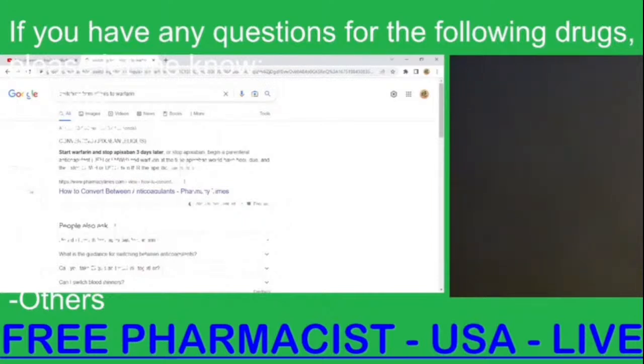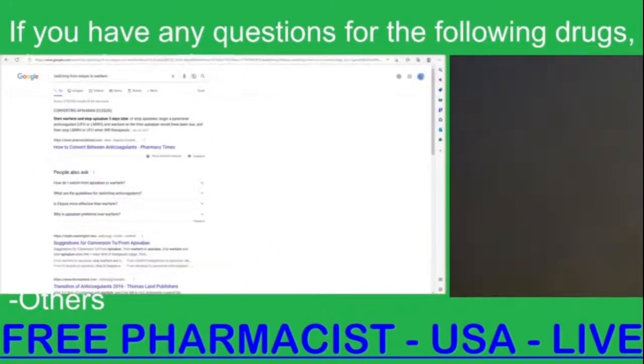How to switch from Eliquis to warfarin? You can go to Google and type "switching from Eliquis to warfarin." You can find about 300,000 results for the search.